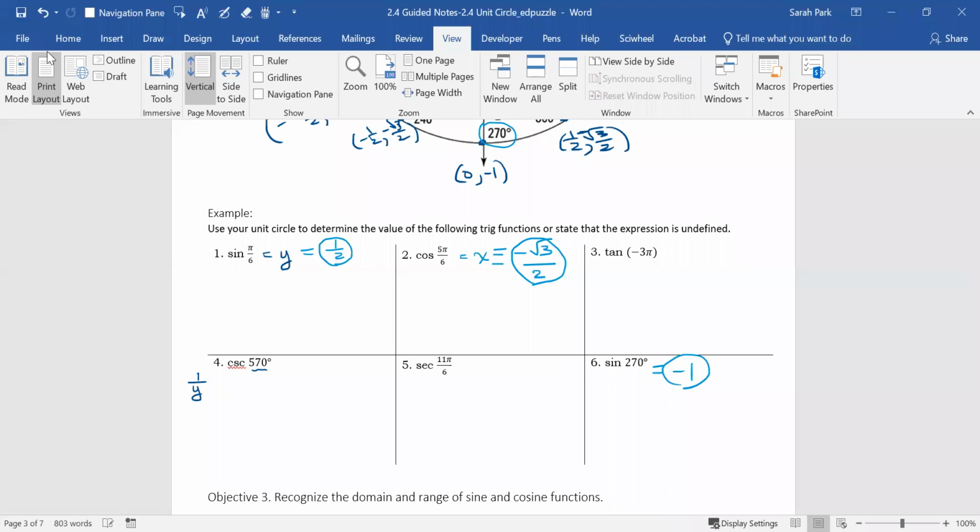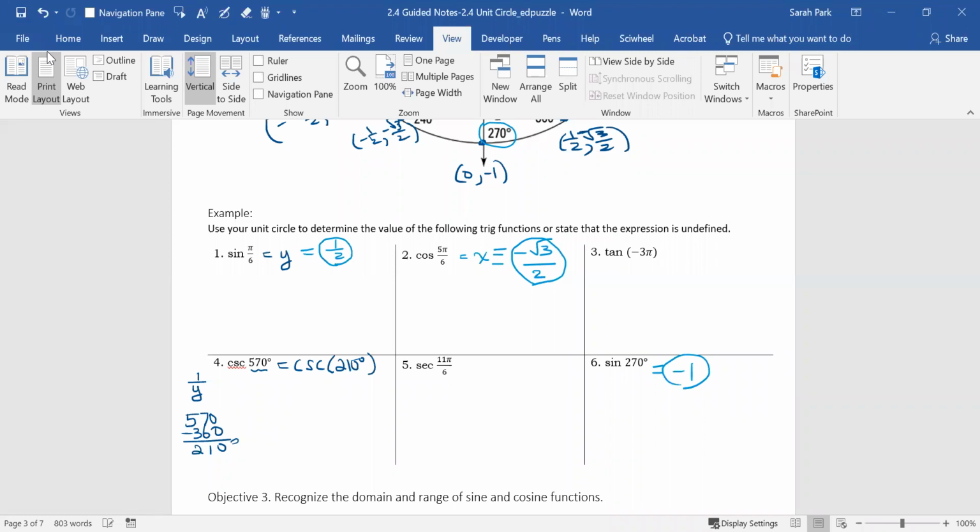And this takes us back to getting that back into something that we can work with on the unit circle. And the way we did that was we subtracted 360 because that's a full unit circle, and 570 minus 360 is 210. And so we can say, okay, cosecant of 570 is the same thing as cosecant of 210 degrees because 570 and 210 are coterminal angles.